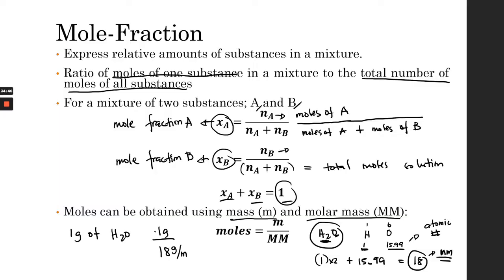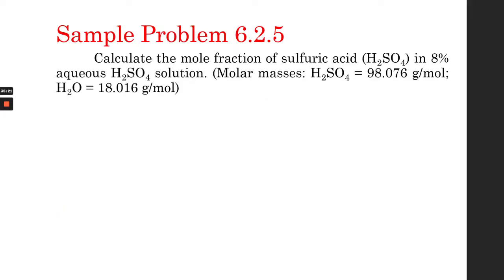So how many moles are there in 1 gram of H2O? 1 gram of H2O has 1 over 18 moles. I'm not sure what the answer is there, but it's 1 over 18. So that's the value of the mole. I hope that's clear how to get the molar mass. You don't really need to do a lot of these calculations of molar mass because usually it's given in the problem, like our example here.